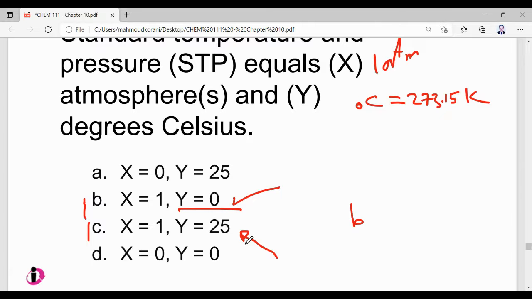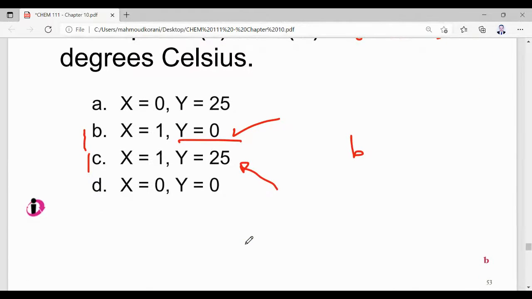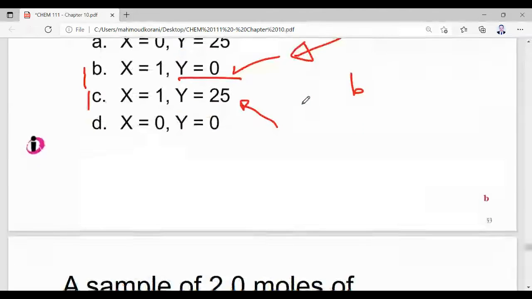But when we are talking about gases, at STP the temperature is 0. So the right one should be B. Are you with me?